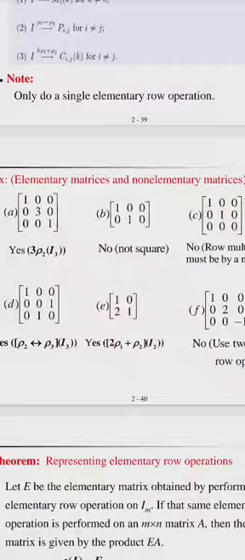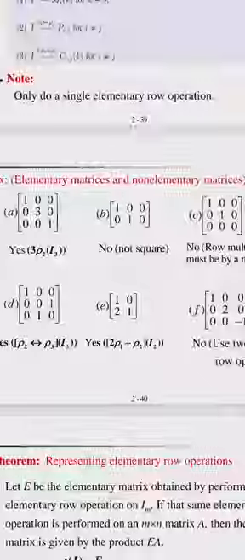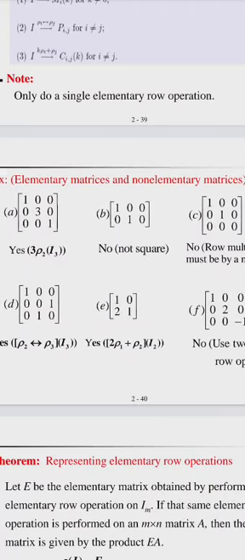First one: 1 0 0, 0 3 0, 0 0 1. This matrix's order is 3 by 3, so the number of rows and columns are equal. Then only one row operation is applied, 3 times row 2 of I3. So this matrix is an elementary matrix.